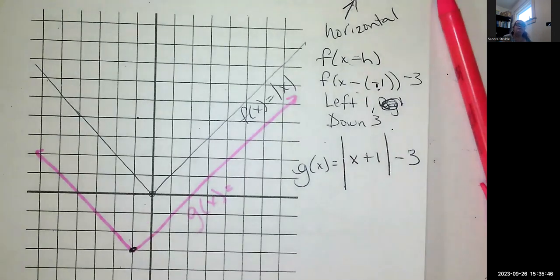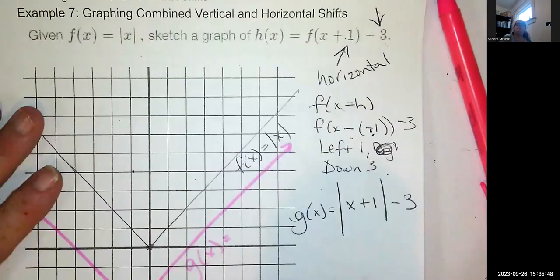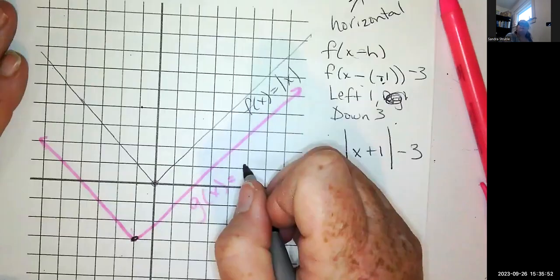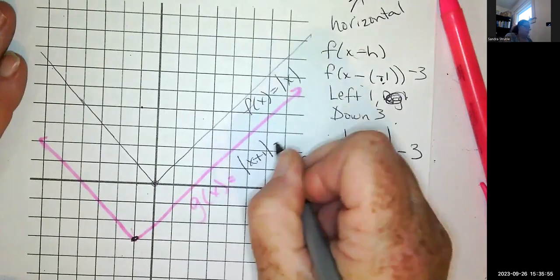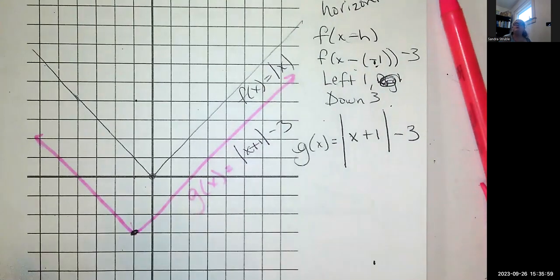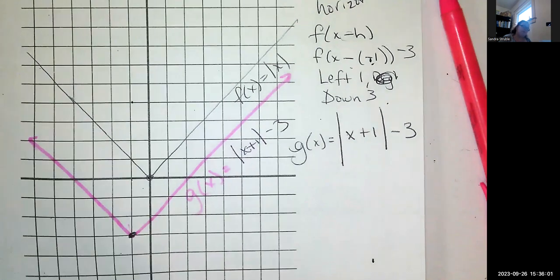Okay, that's what this is going to have to use. All right, so this is the absolute value of x plus 1 minus 3. If you have any questions, please make sure that you put those into your calculator or Desmos and see what it looks like. Let's go to example 8.